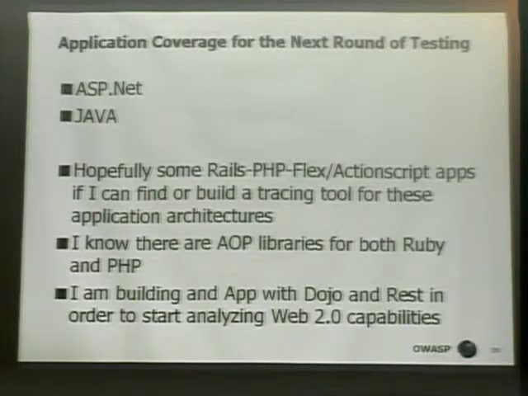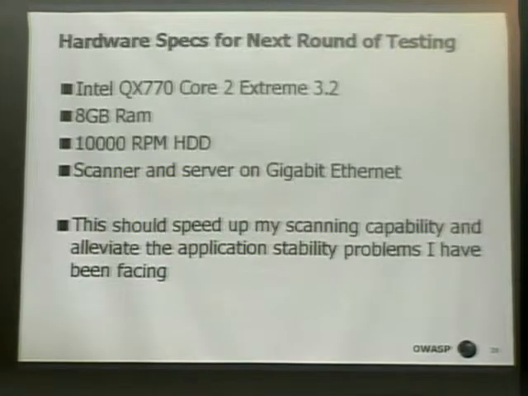I know there's some AOP stuff out there for PHP and Ruby, but I don't know how useful it is. I'm probably going to have to customize it for myself. There are also some apps with Dojo and REST that I'm going to start taking a look at to see how those things work. That's also because of some of the performance issues I had. I'm building a much better box, so this will speed it up.